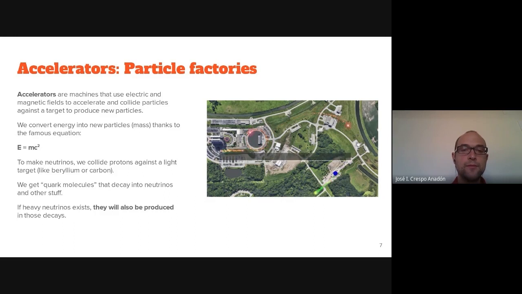Basically what we are doing with this is studying the basic properties of nature. And it's a long way to come here. You have to study physics, later take a master's course and do a PhD. In the end, what we are using is a very advanced technology to find basic properties of nature. So I would say it's quite important.